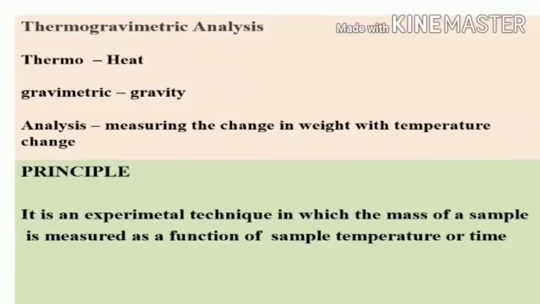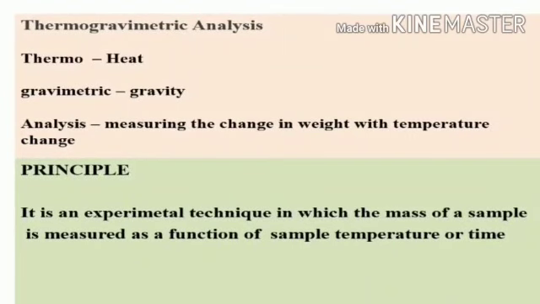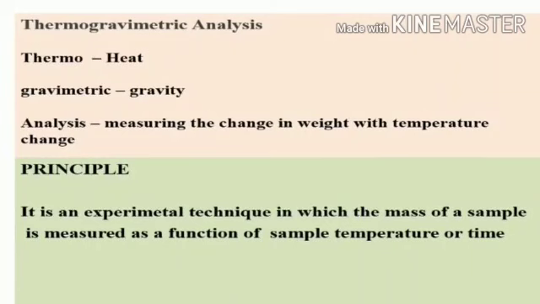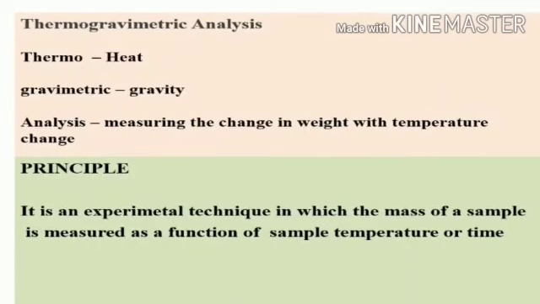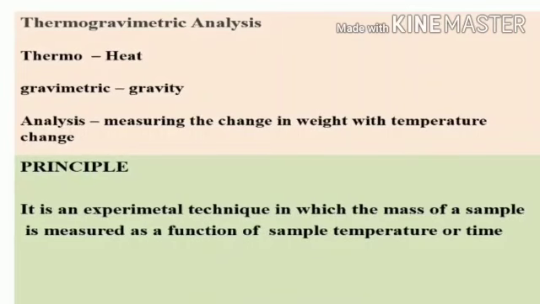This is the basic principle of thermogravimetric analysis. The sample is typically heated at a constant heating rate, the so-called dynamic measurement, or held at a constant temperature, the so-called isothermal measurement. Only solid substances can be analyzed by this method.